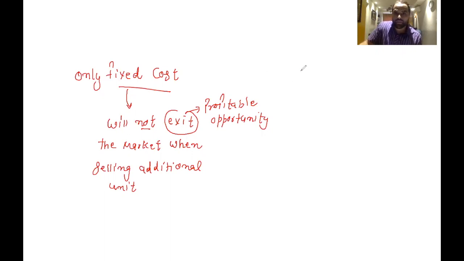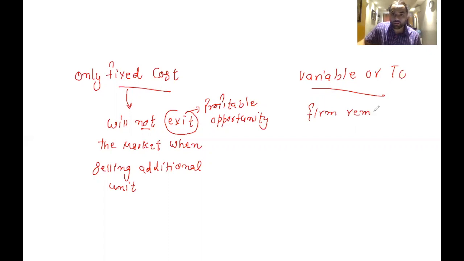But if you have variable cost or total cost, because total cost is also a combination of variable cost, the firm remains in the market, or stable in the market, until it has a profitable situation.